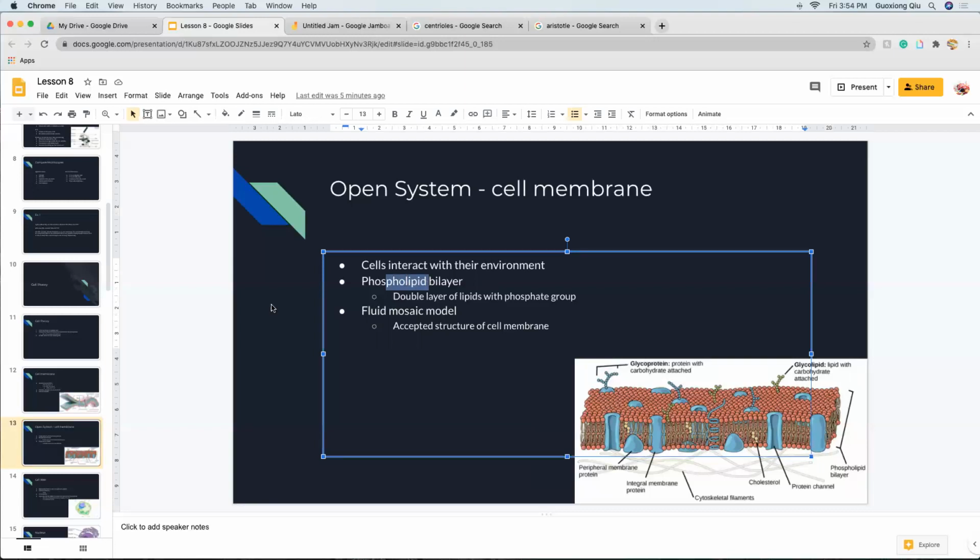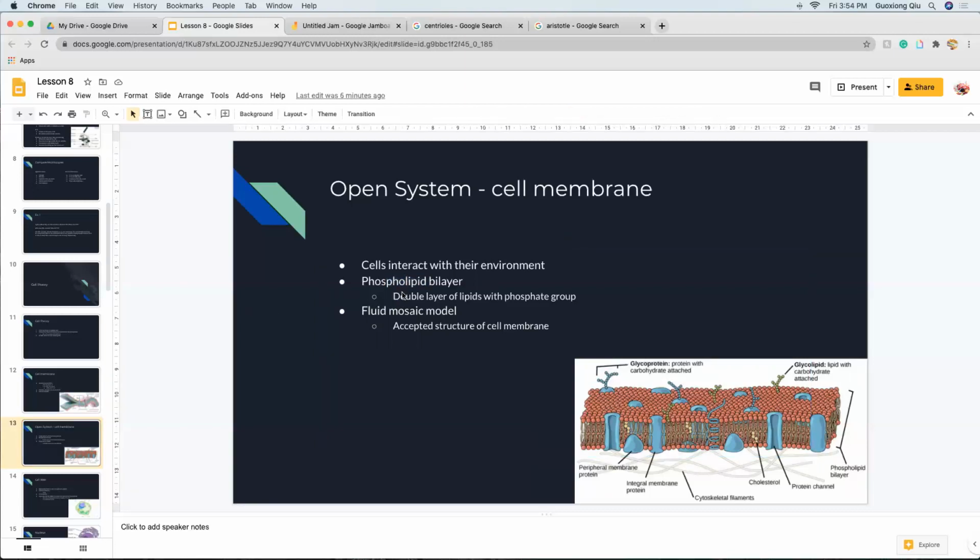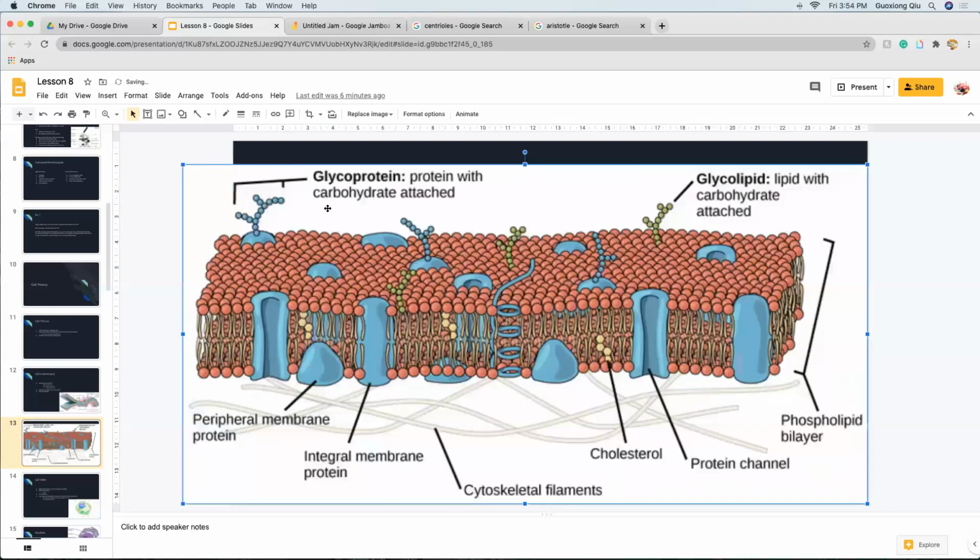The cell membrane is made of a phospholipid bilayer, which if you look here, let's make this big. See these dot things? Those are phosphates. And see these string-like things? Those are lipids or lipid tails. One phosphate with two lipid tails creates a phospholipid.